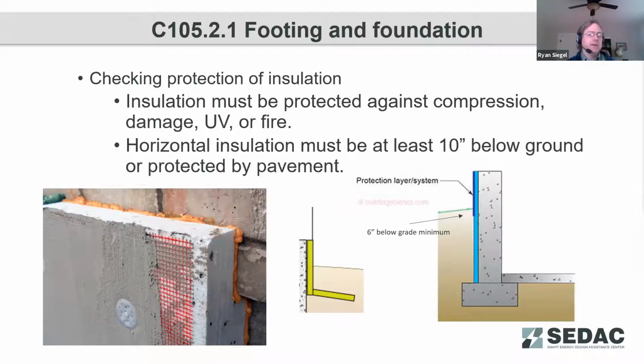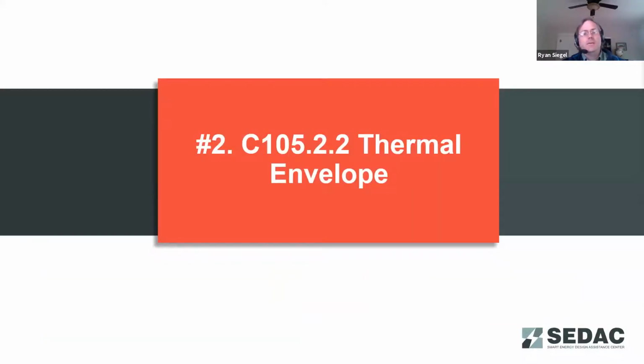We're seeing more and more insulation required, particularly continuous insulation, so we need to make sure that we are protecting against fire in case we do end up with a building fire in the future. So that kind of covers our footing and foundation insulation.